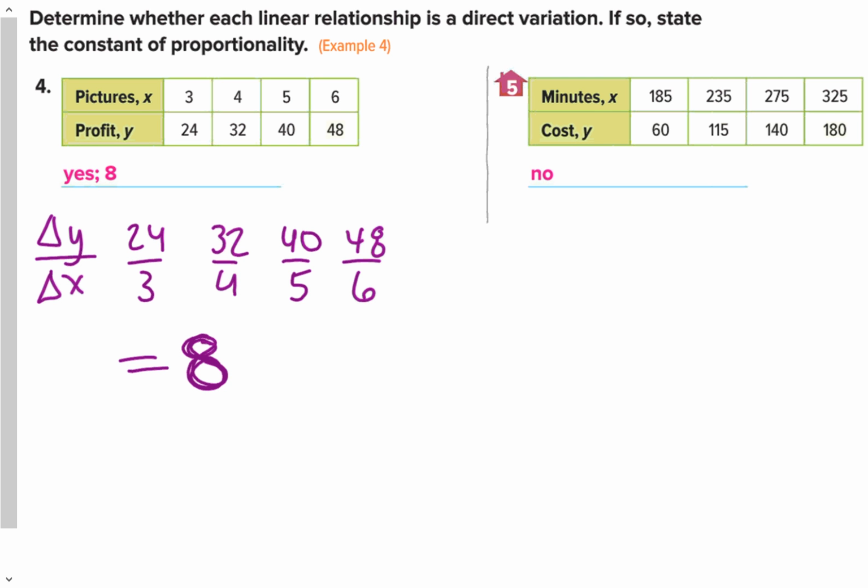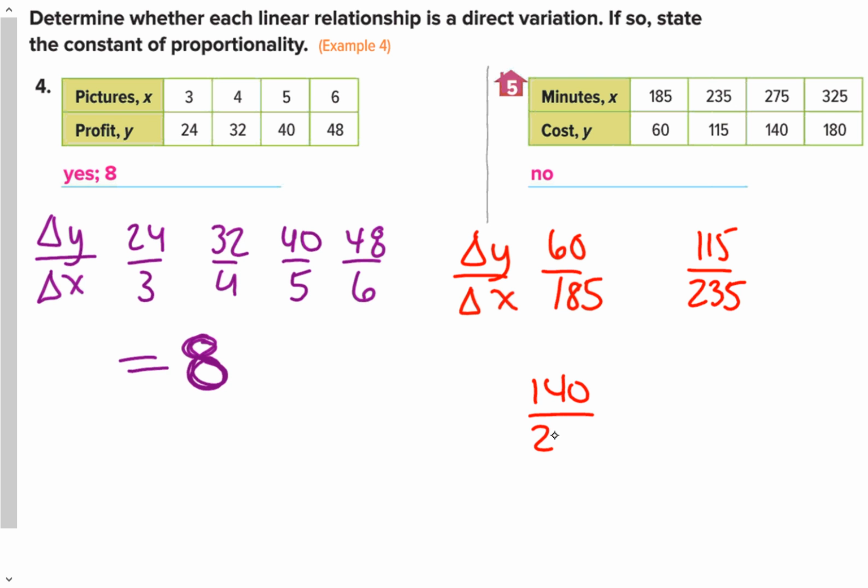All right, so our next one, again, let's set up our change in y over our change in x. We've got 60 over 185. We've got 115 over 235, 140 over 275, and then 180 over 325. So you're going to go ahead and start dividing those.